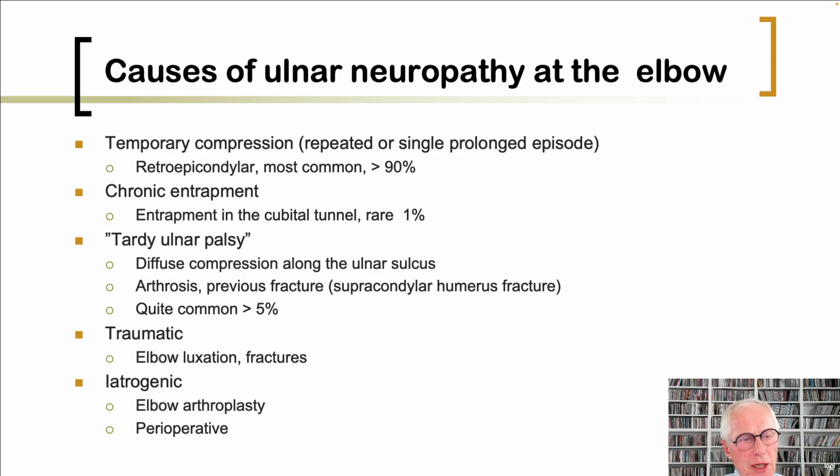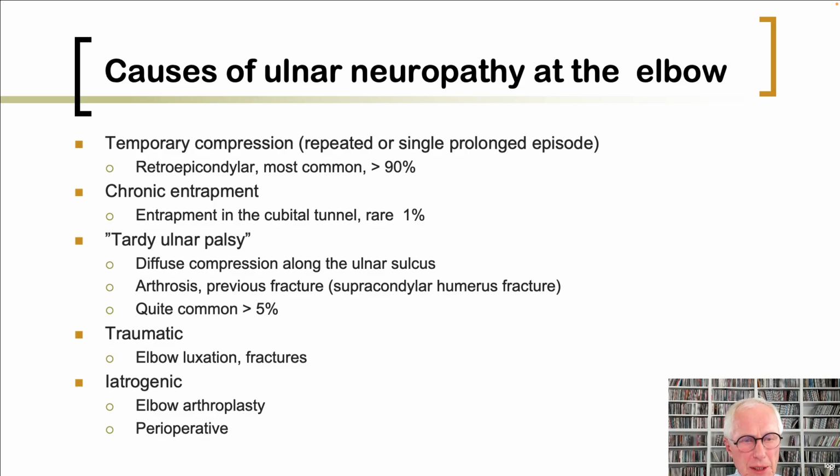A third kind is tardy ulnar palsy. It's a diffuse compression caused by arthrosis. So there's a deformity of the elbow and the ulnar groove is deformed. That may be caused also by a supracondylar humerus fracture or just pure arthrosis or rheumatoid arthritis. This is also quite common.